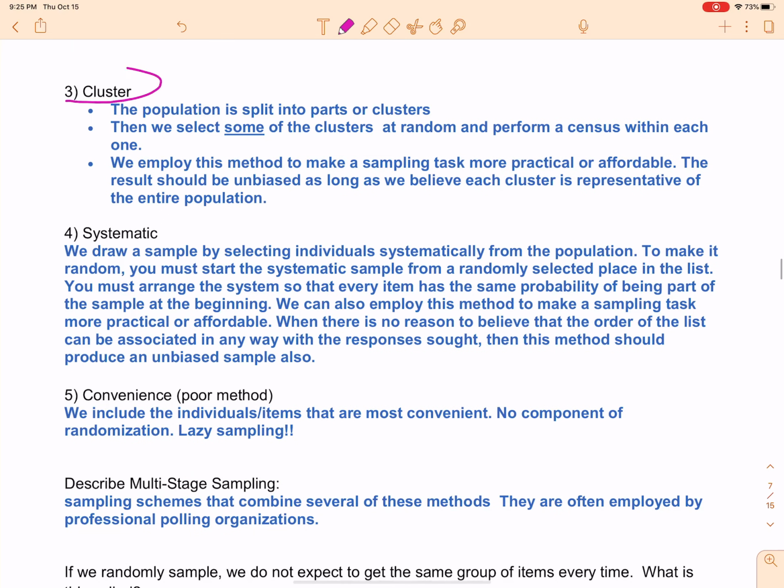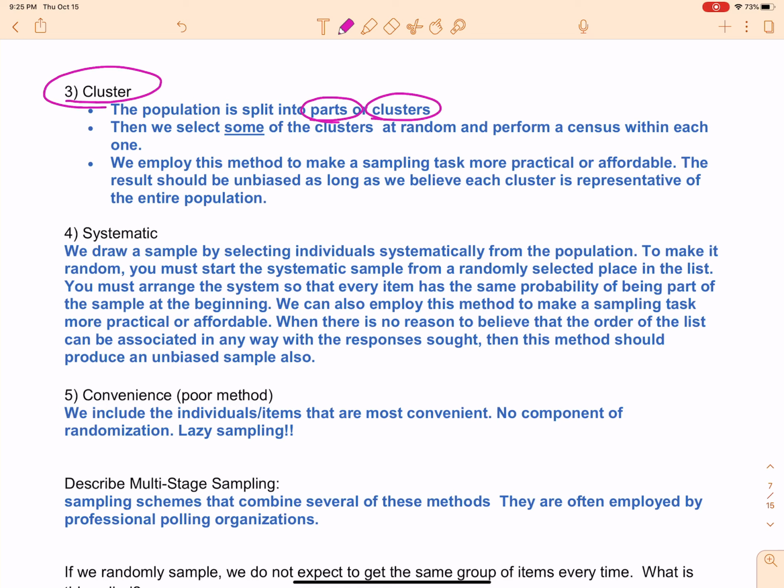Okay, the next one is called a cluster sample. A lot of students get these mixed up with stratified because we do split the population into parts or clusters, but we don't do it based on any characteristic within our individuals. We do it based on location, or sometimes grouping as far as where it's located.